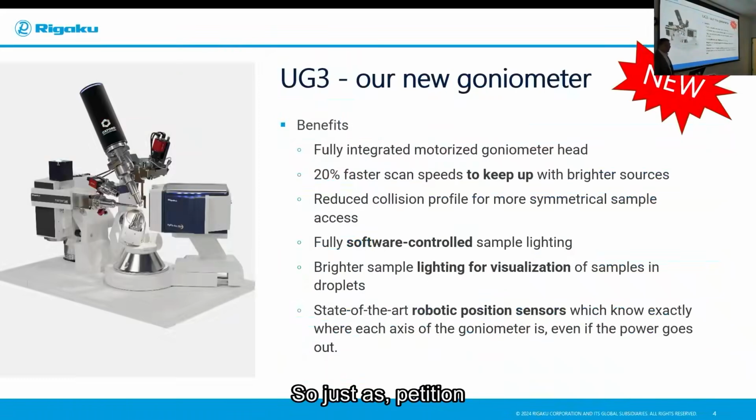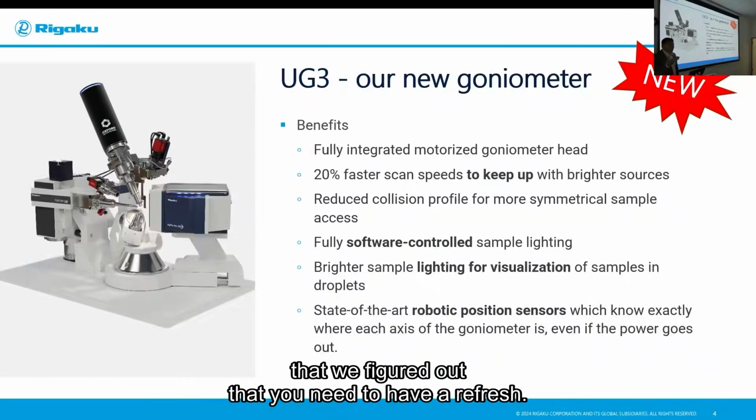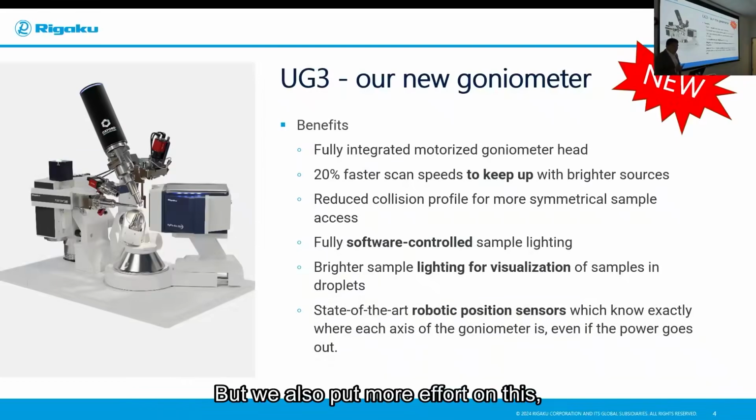So just as a repetition, we discussed the goniometer need to keep up with our sources. So we upgraded and built better sources, and then we figured out that the goniometer need to have a refresh also. But we also put more effort on this software control.